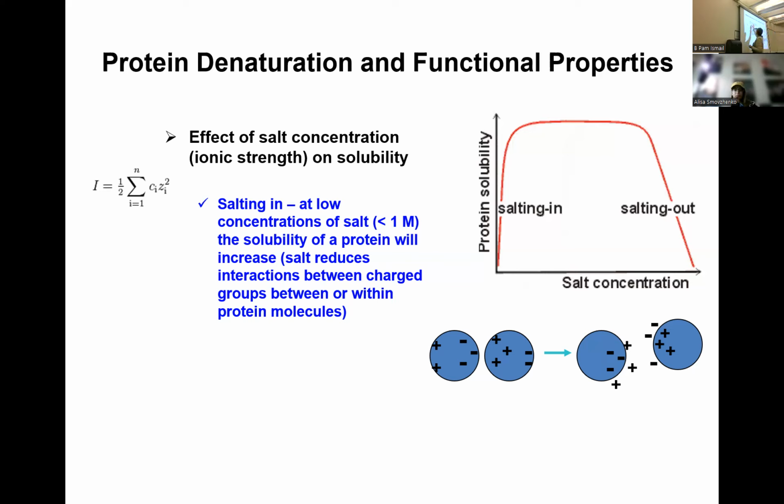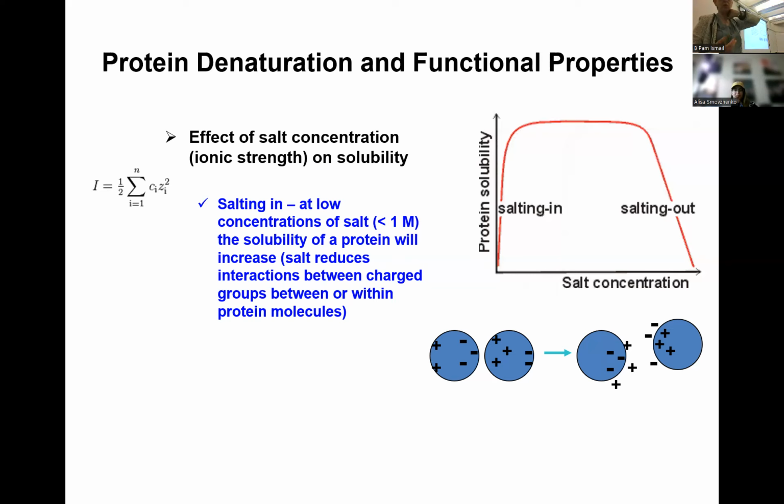And normally we say salt concentration, but ionic strength is the better term to illustrate the effect of salt, because it takes into account the amount of charges, not only the actual molecular concentration, because different salts carry different amounts of charge. So the ionic strength takes into account not only the molar concentration, but also the charge, like divalent, monovalent, or what have you.